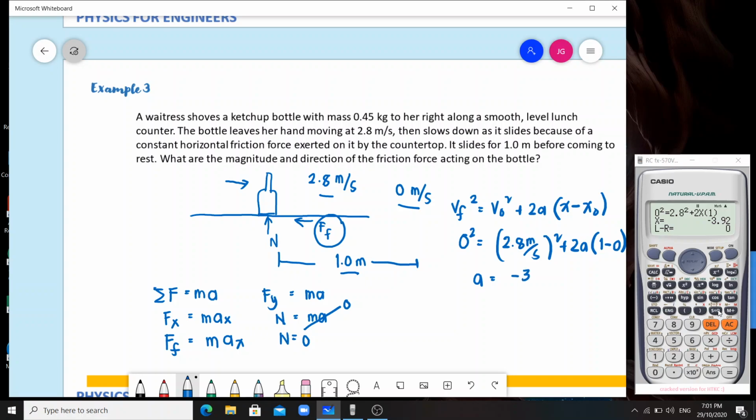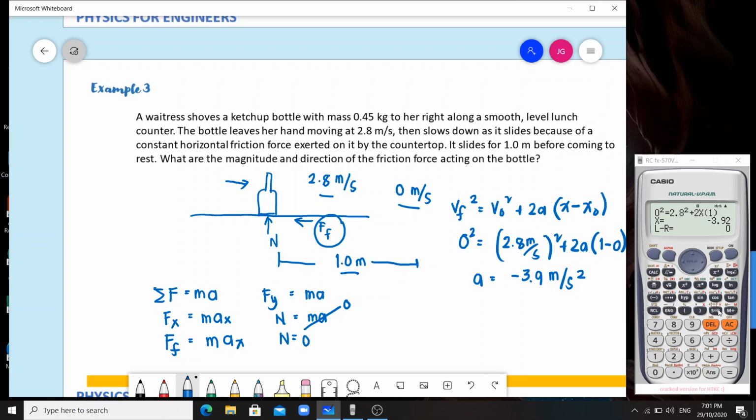Negative 3.9 meters per second squared. Okay. Now, ayan, ibig sabihin ng negative 3.9 is we are decelerating, okay? Kasi ang acceleration naman natin actually is going to the right. So, wala sanang problema. However, it is decelerating or slowing down, okay?